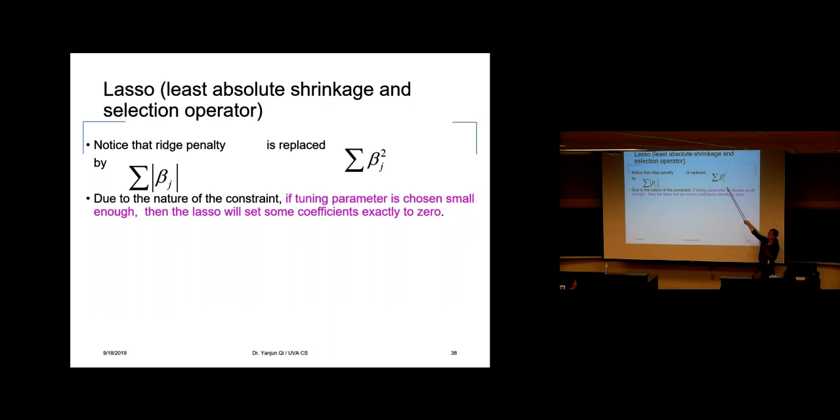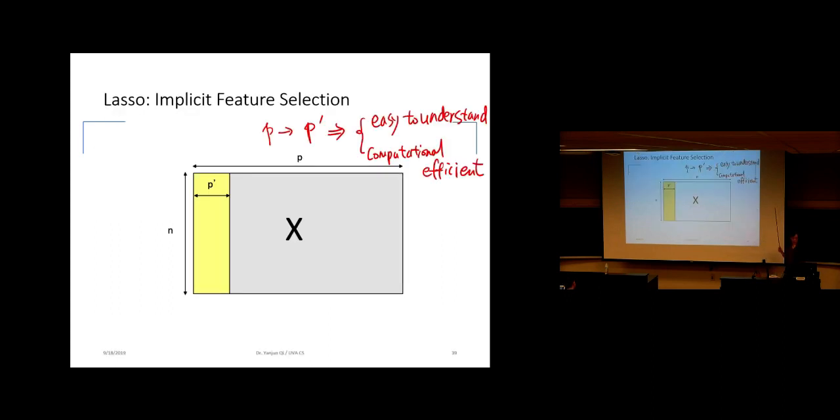So this is actually the L2 norm squared, because the definition of the L2 norm has a square root on top of this. Lasso performs implicit feature selection and hopefully makes models easier to understand, and the computation will be more efficient because there are fewer features to compute.